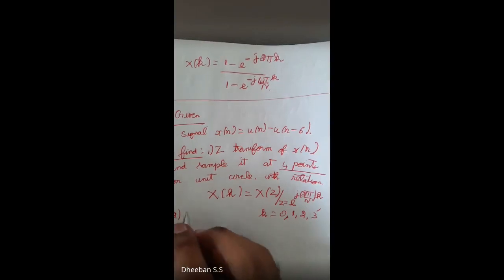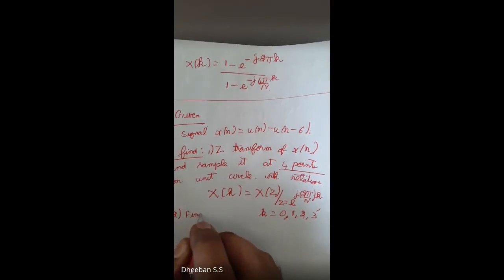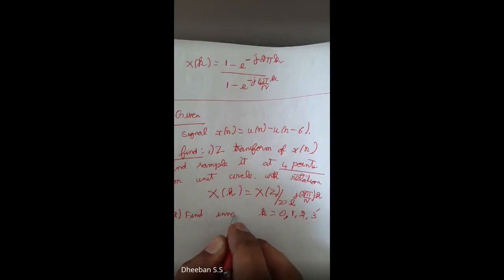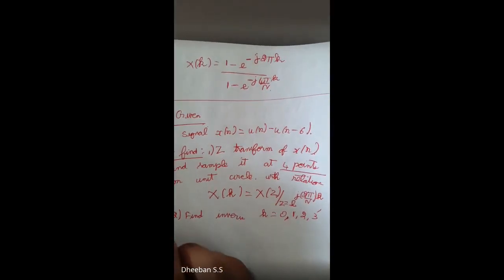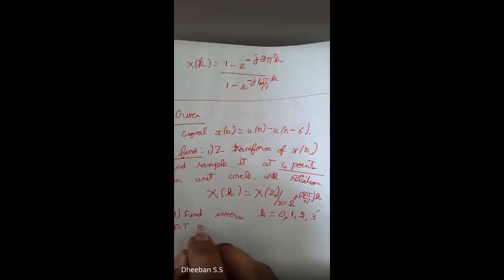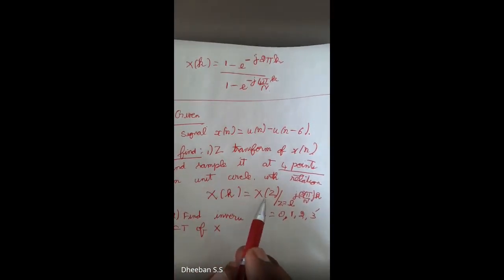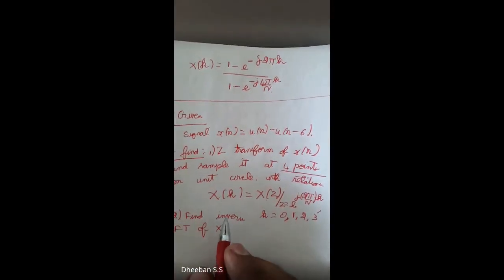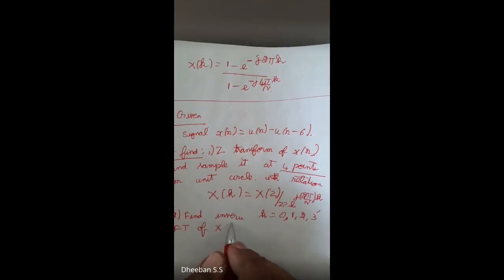Second, you have to find the inverse DFT of X of k. So you are finding the DFT, and you have to again find the IDFT.